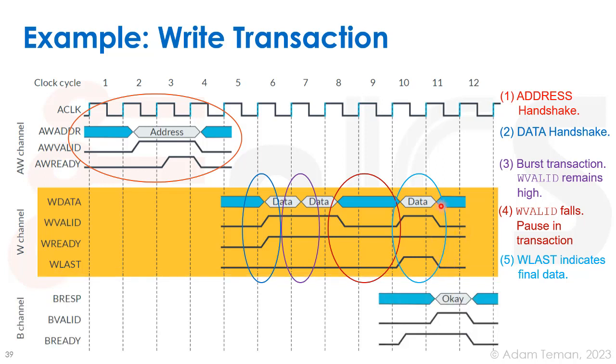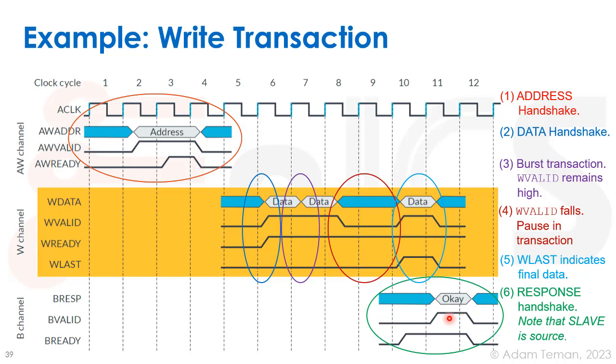Now, after the transaction is finished and the write has been taken care of on the side of the slave, it has the B channel, which is where it responds and acknowledges that this was done. So there is this response handshake where the slave raises the B ready signal.